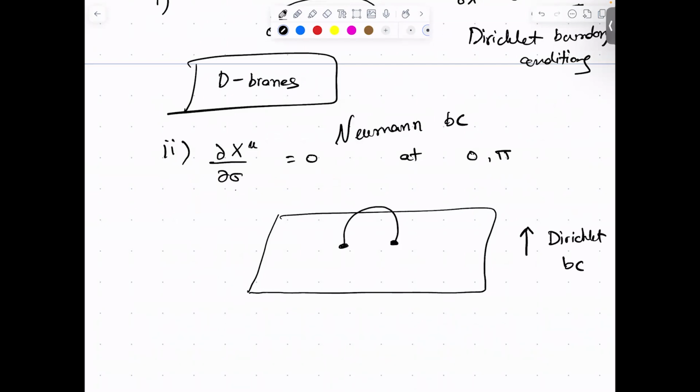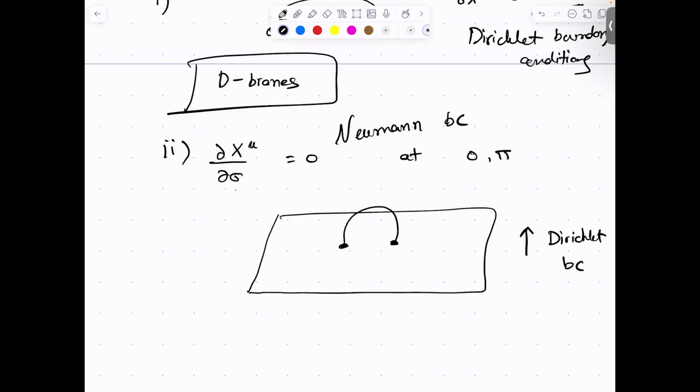You're confining it to this plane, like to this table in front of you. That not moving up is called a Dirichlet boundary condition. If you look at the table in front of you, if you take a string, stick it inside the table, it cannot move out. That's the Dirichlet boundary condition.